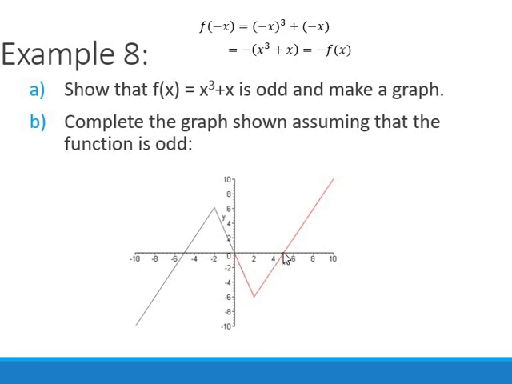The point that's at, let's say, (5, 0) will go to (-5, 0), and of course negative 0 is still 0. (10, 10) will go to (-10, -10). So if you take a point on this side of an odd function, change both signs, you'll get a point on the other side of the odd function. And we call this symmetry about the origin. If I were to reflect this first across the x-axis and then reflect that across the y-axis, it would land on top of it. Or if I were to rotate this entire picture 180 degrees about the origin, it would land right on top of where it was originally.